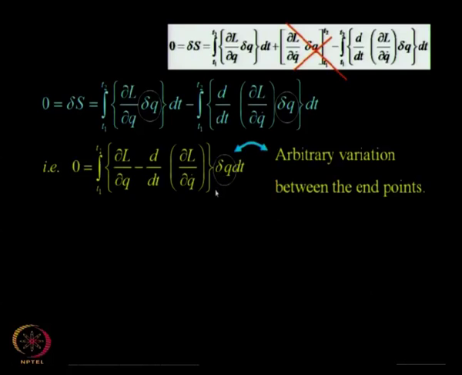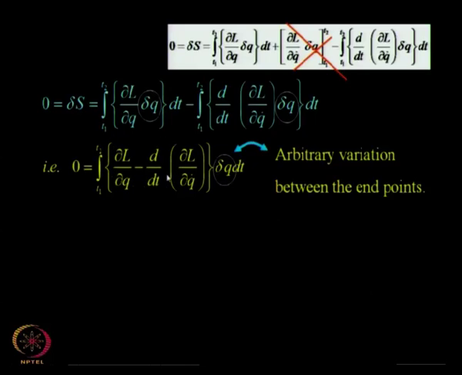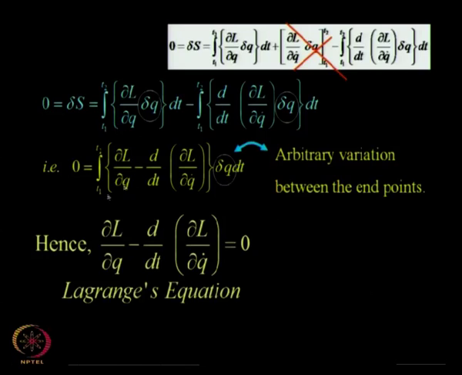Of these, one is completely arbitrary, and no matter what this arbitrary delta q is, the total integral must go to 0, and for arbitrary delta q this can happen if and only if the factor inside this beautiful bracket is identically 0. So that comes as a necessary condition that the principle of variation holds, and this is the condition: the factor inside this beautiful bracket must go to 0.